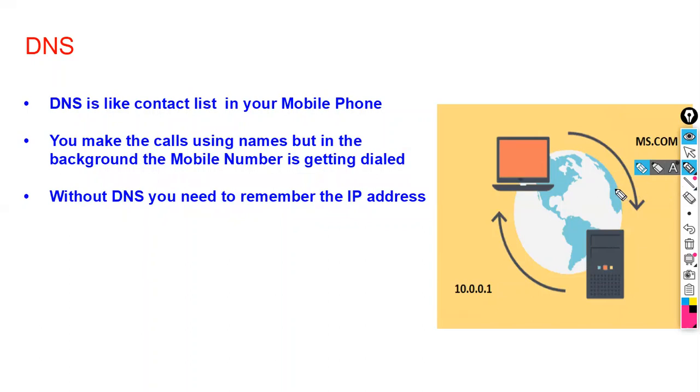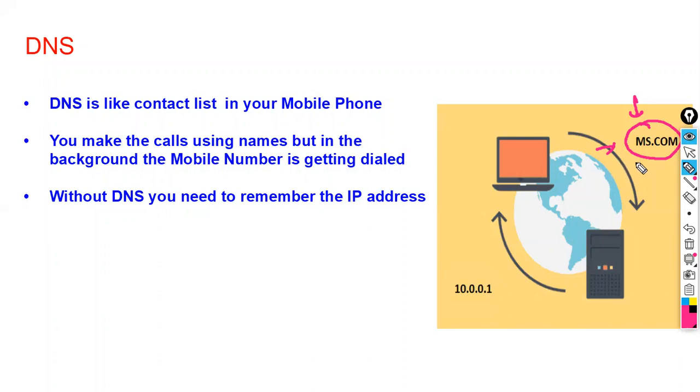So guys, we have millions and billions of websites available all over the internet, and to access the internet we use these names. We have given names to all the websites, like ms.com, cisco.com, juniper.com, hp.com.